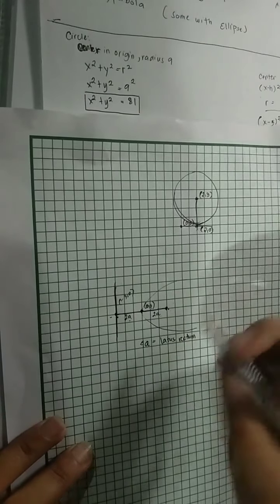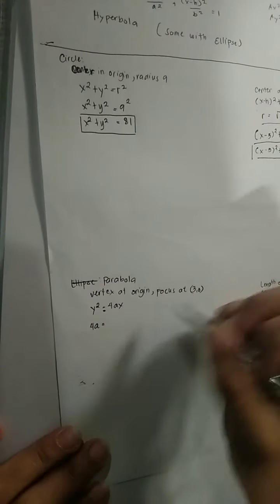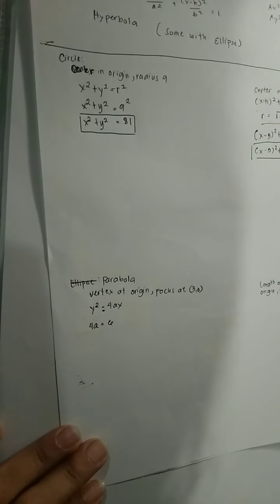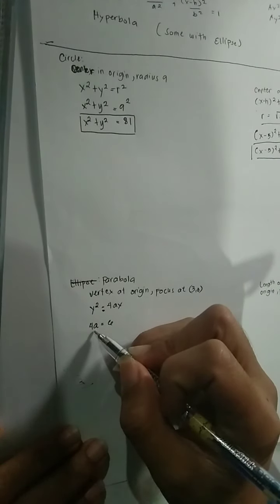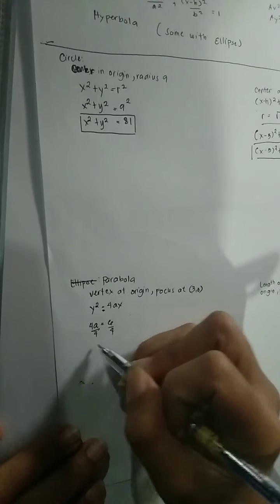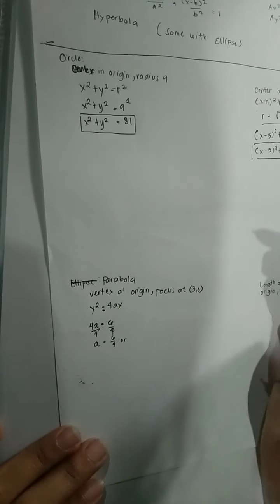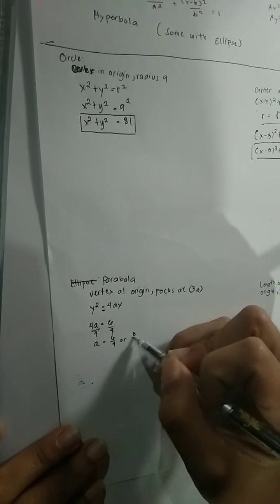So our latus rectum is 6 units. 4a is equal to 6. We have to find a, so divide by 4. a is equal to 6 fourths, divided by 2, simplify, 3 halves.